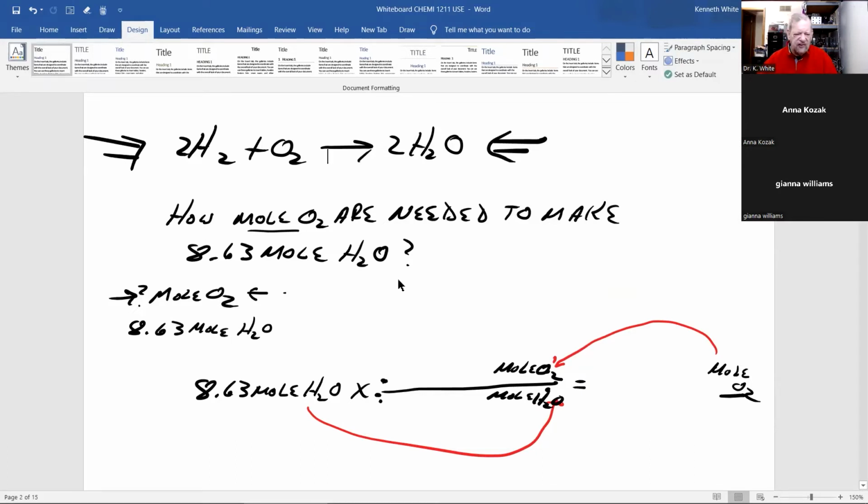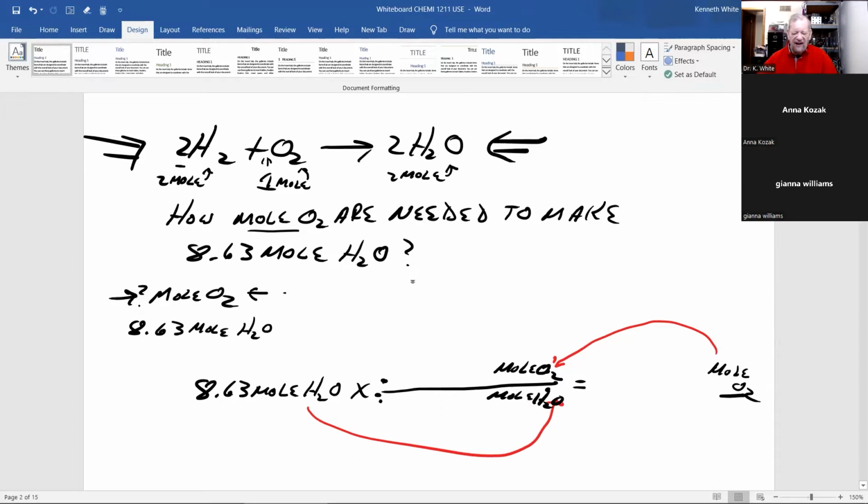The coefficients, the number in front, and when there's no number in front, it's the number one, tell you the molar relationship. And this tells me 2 moles of hydrogen react with 1 mole of oxygen to make 2 moles of water, H2O.